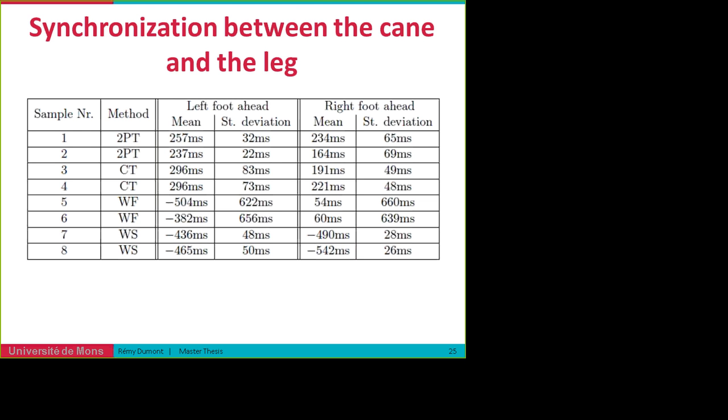So how critical are those points? 250 milliseconds. It seems fairly regular, and the time is fairly standard. But is this actually going to affect the way a person uses the cane?